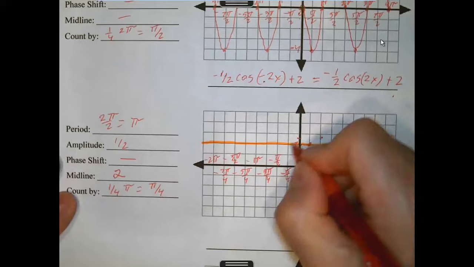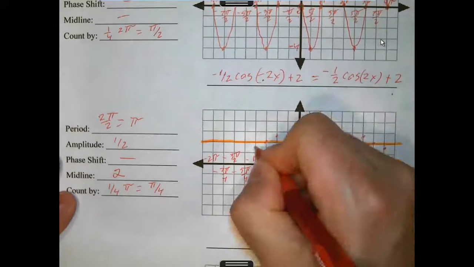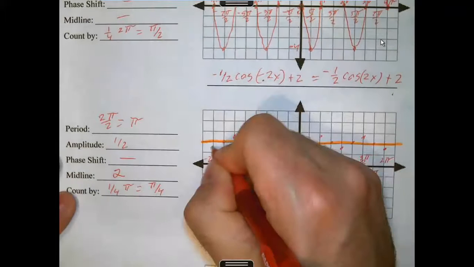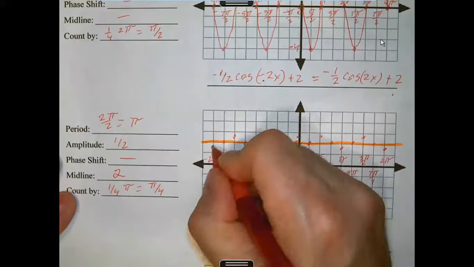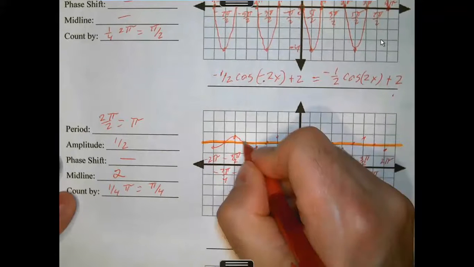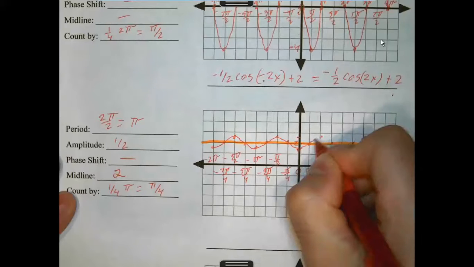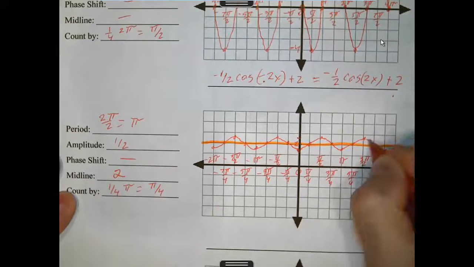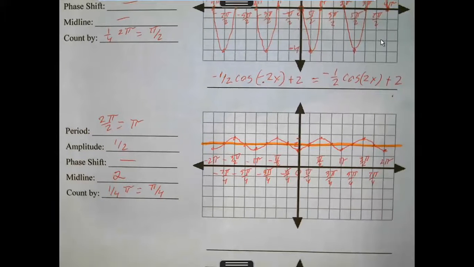Negative amplitude, x-axis, positive amplitude, x-axis, negative amplitude, x-axis, positive amplitude, x-axis, negative amplitude. So there are my dots. I connect my dots with the wave. And there is my cosine graph with the midline shift.